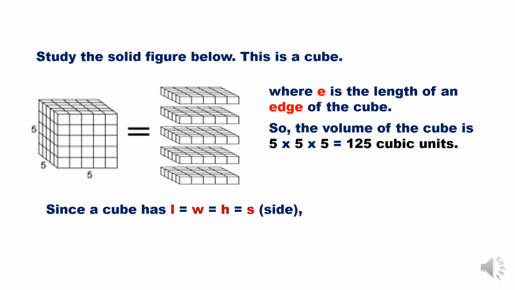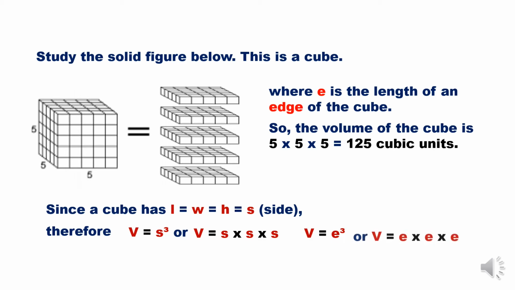Since a cube has length equal to width, equal to height, and equal to side, therefore, volume equals cubic side, or volume equals side times side times side, or volume equals cubic edge, or volume equals edge times edge times edge.